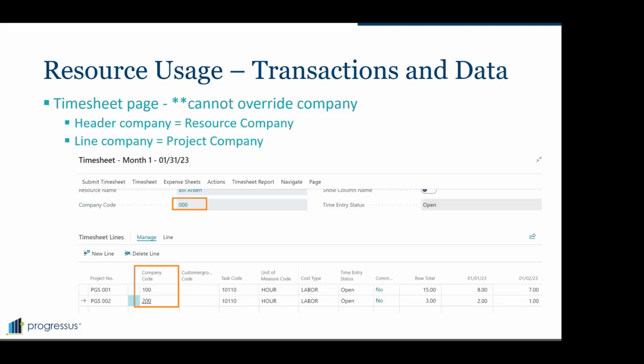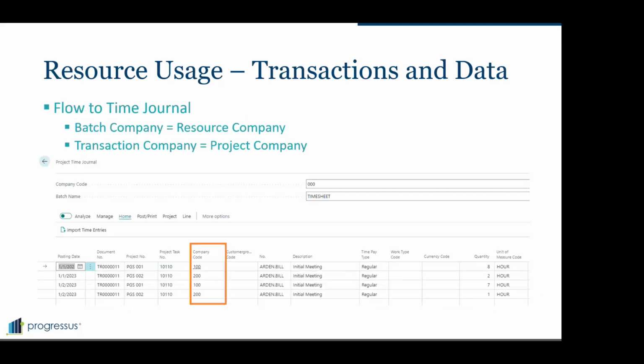Then in the detail area of the timesheet, the company of the project is what will default into that area. If the company of the project and the company of the resource are different and GL labor posting occurs, due to, due from transactions will be created at that time.